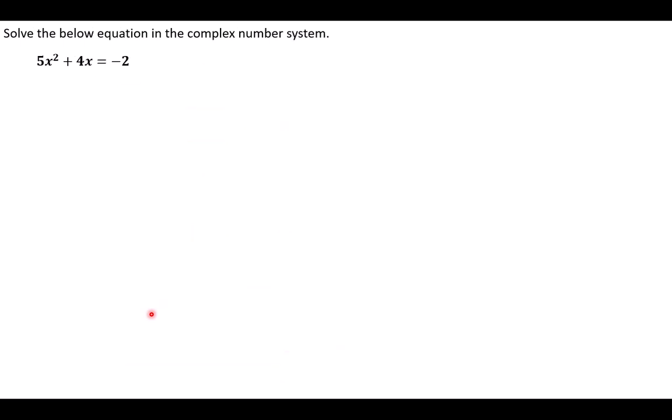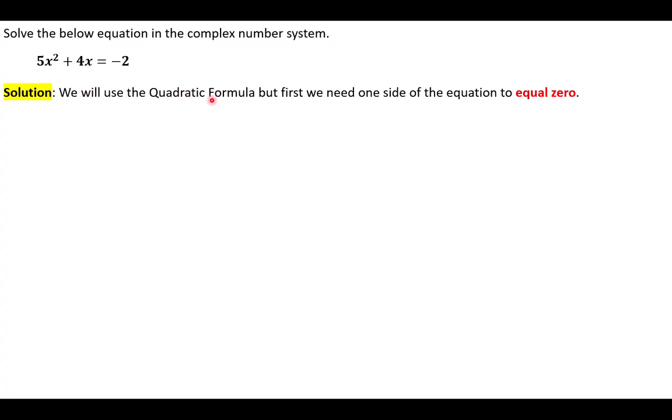Okay, so with that quick review out of the way, we get to what really matters most for this particular video: solving an equation in the complex number system. So we have a quadratic equation. We're going to use the quadratic formula, but first we need one side of the equation to equal 0.